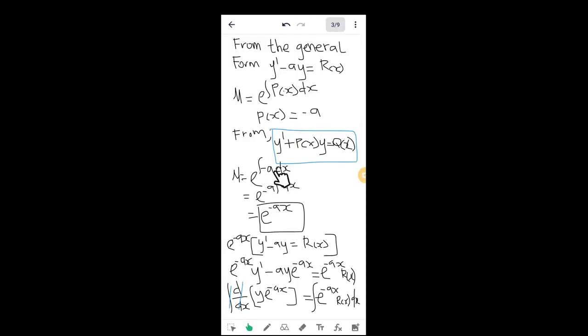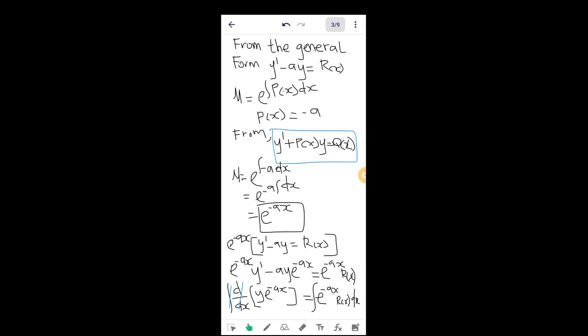My a is constant, so my minus a can come out. So I will integrate with respect to dx. When you integrate dx, you are going to get x. So you are going to get e to the power of this constant, minus ax. So this is your integrating factor.